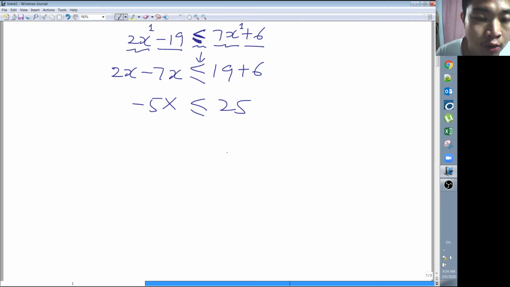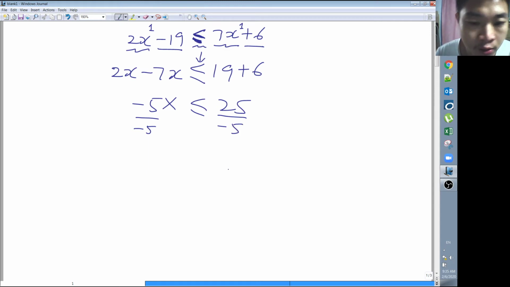So bear in mind, you have your minus 5x here, and you have your 25 here. A lot of students just divide by negative 5 on both sides.